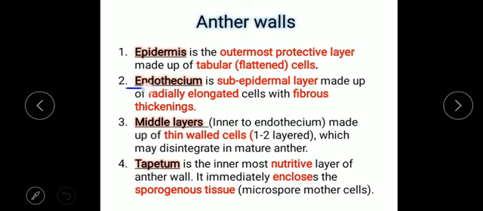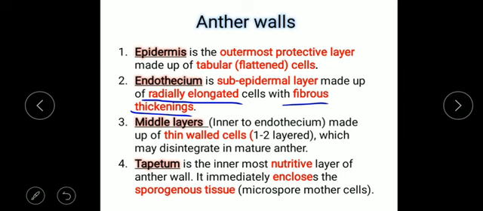Finally, inner to the epidermis you can see the endothecium layer is present. What is special about the endothecium is that it is made up of radially elongated cells with fibrous thickening. Remember that this fibrous thickening means these cells have cellulose and pectin, and these are polysaccharides or carbohydrates which are hygroscopic in nature.